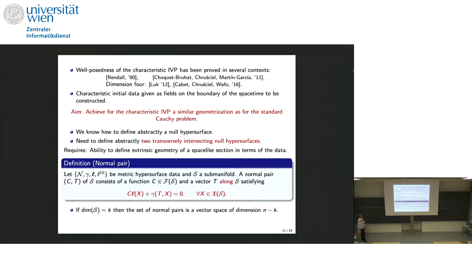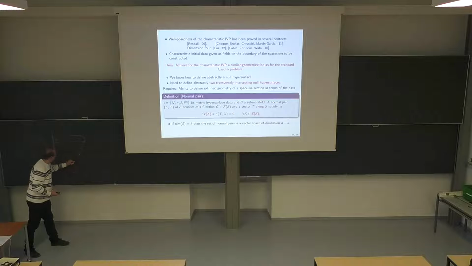And to do that, in order to say at some point that these two null hypersurfaces intersect, you will have, say, some h with some boundary on n, because it's already abstract, and another one, n bar, with some boundary n bar.